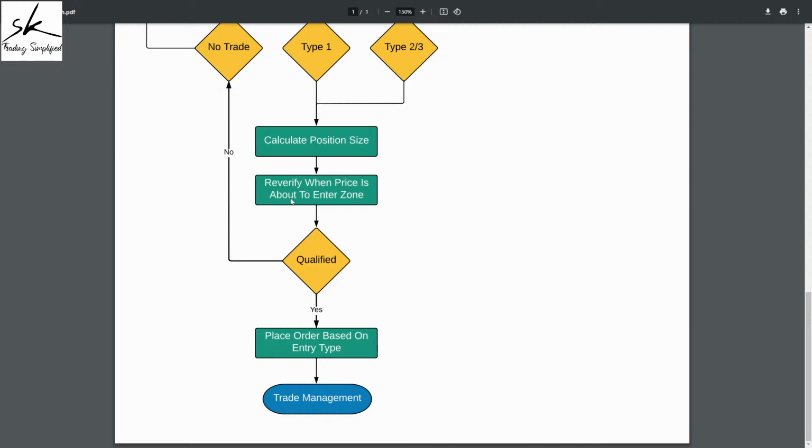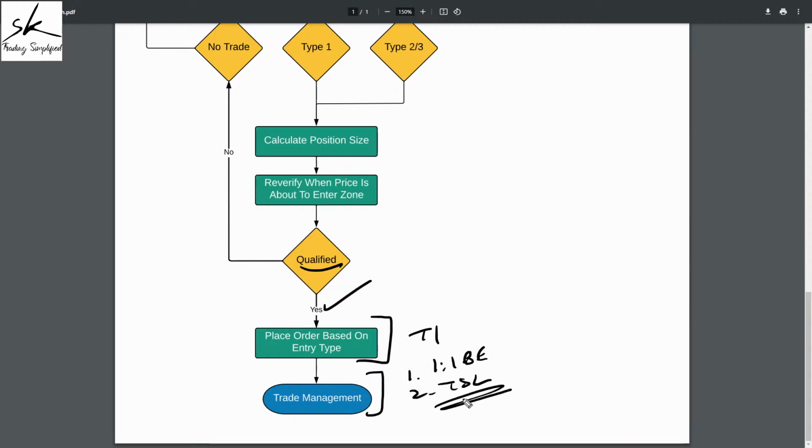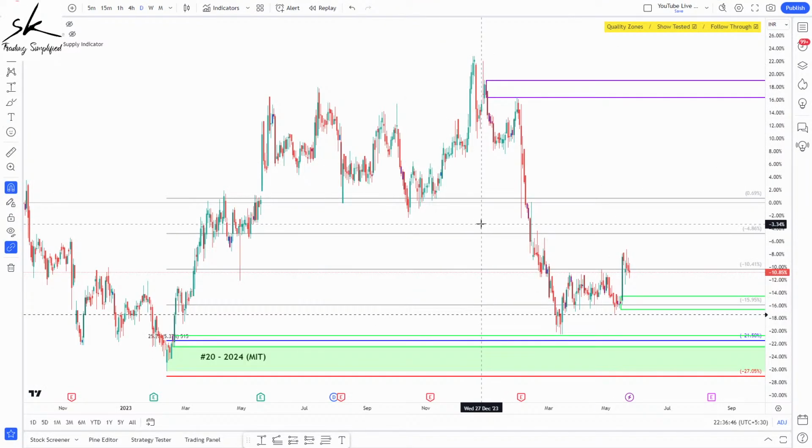So before entering into a trade, we need to re-verify, does it still qualify based on my trade plan? If the answer is yes, we'll place our order based on the entry type, in this case a type 1 trade. And once your order has been executed, the last step is your trade management, where step 1 is 1:1, we make it a break even trade. And after that, if we get the opportunity to trail onto it, we start using our trailing stop loss. So this is how we plan trades, very mechanically, very rule based.